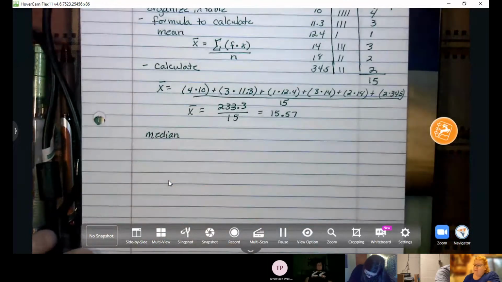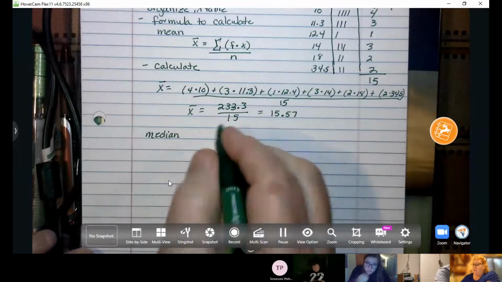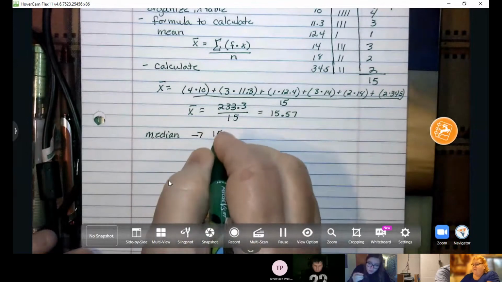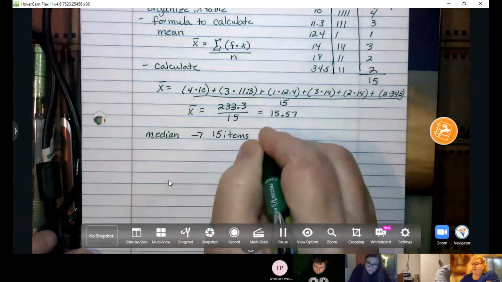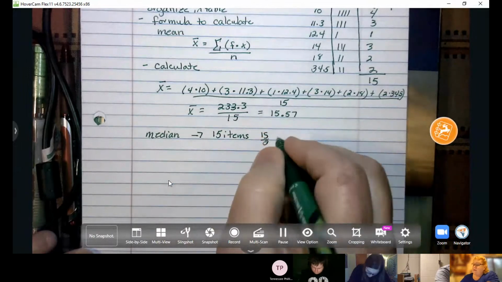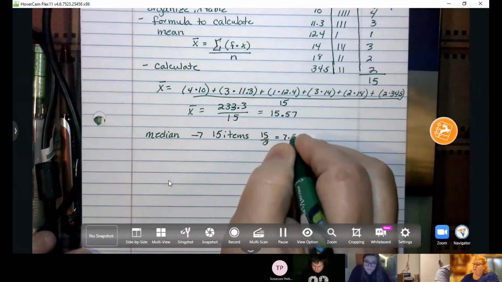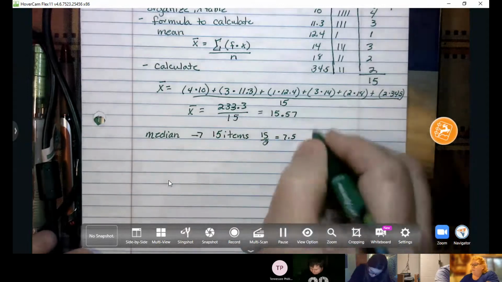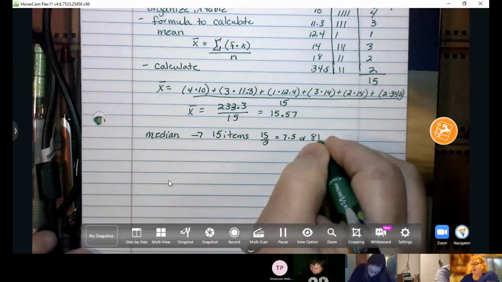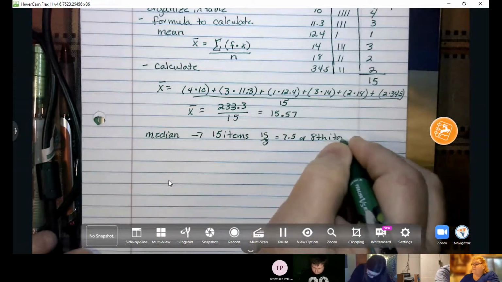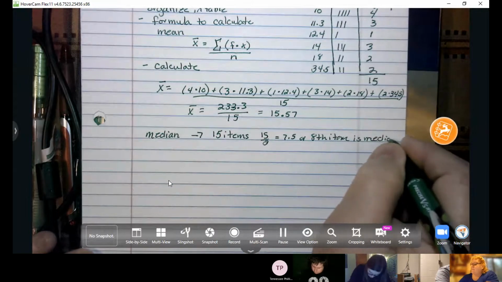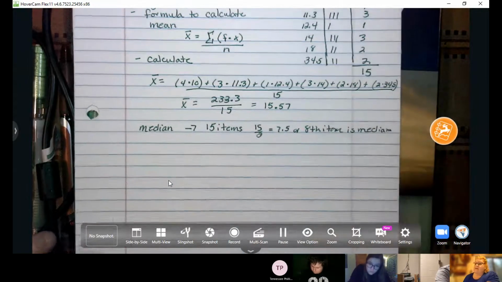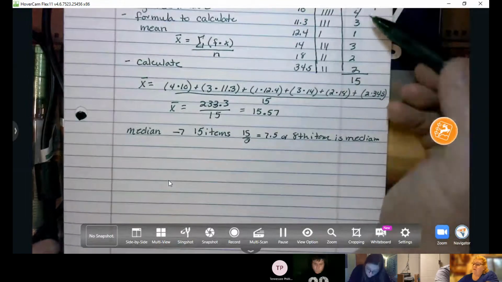The median is still going to be the middle number. Since we have 15 items, 15 divided by 2 gives us 7.5, which means the 8th item is the median. And so we count down from the frequency.